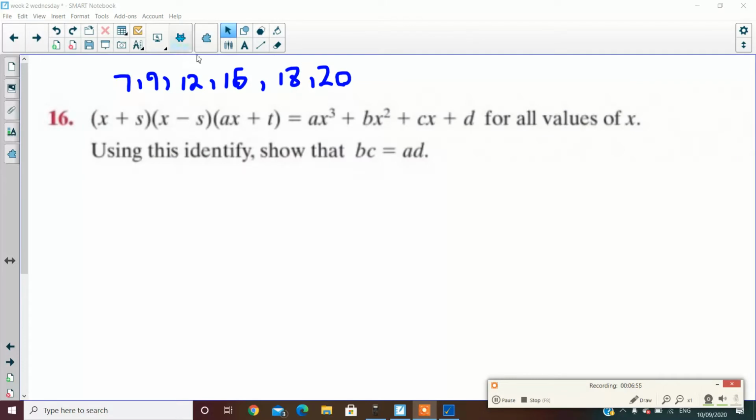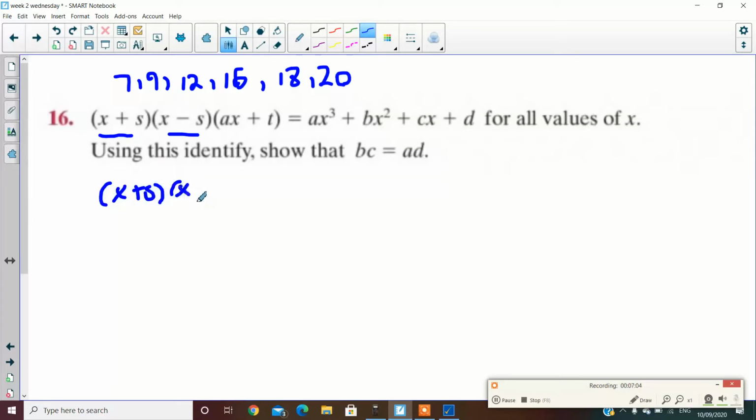Alright, multiply this one out 2 at a time. So (x plus s)(x minus s). And you should get x squared minus s squared, but we'll do it properly. x squared plus sx minus sx minus s squared. And as predicted, x squared minus s squared.